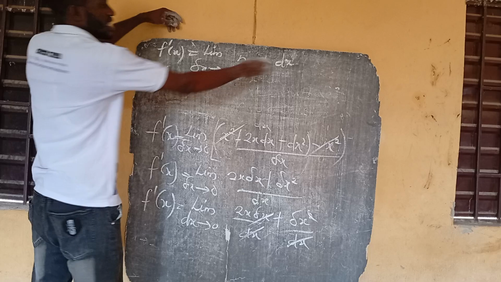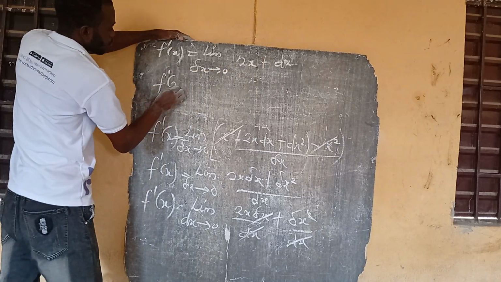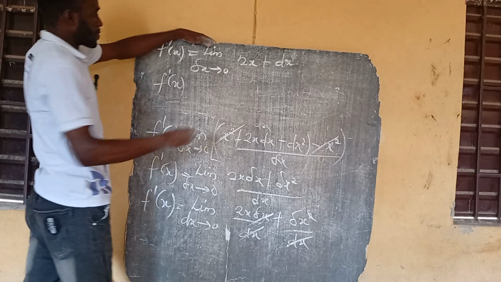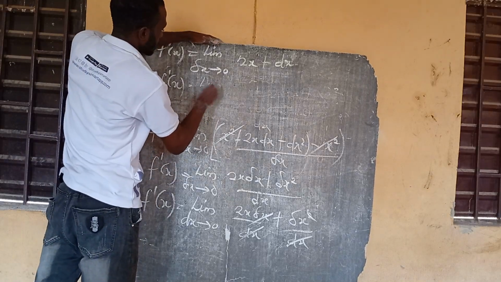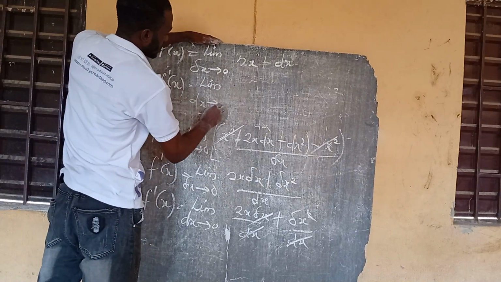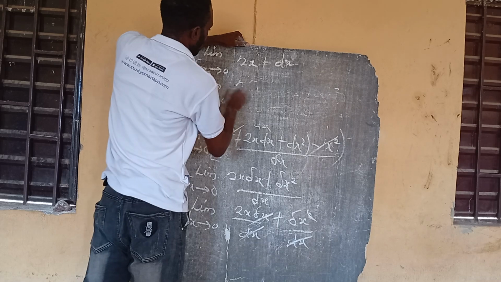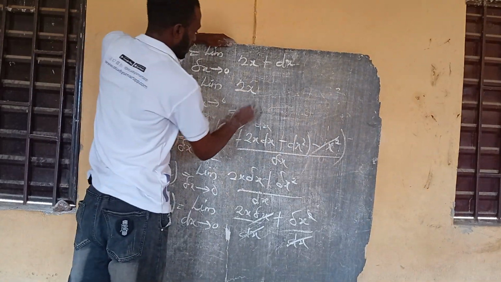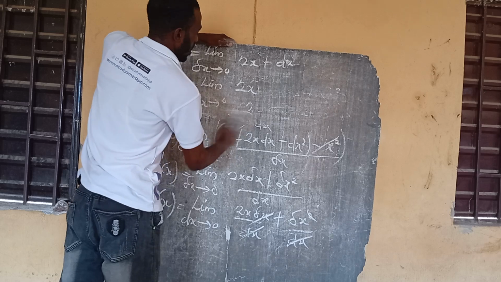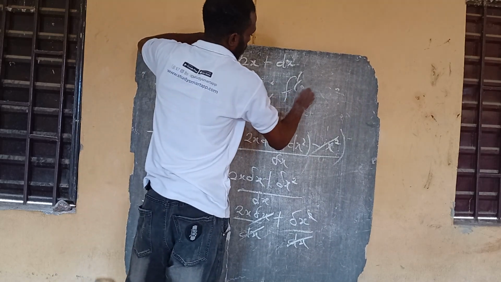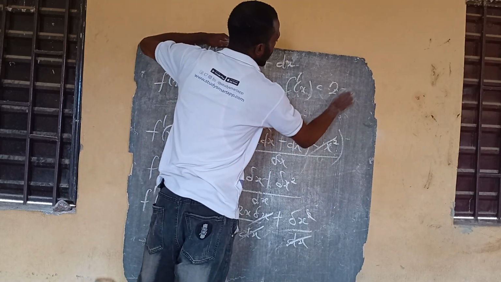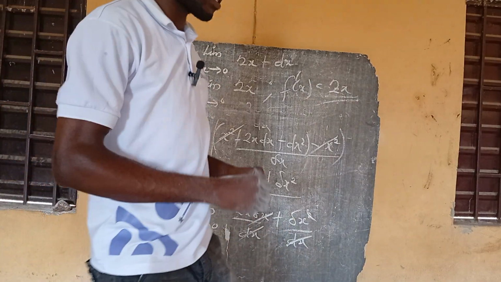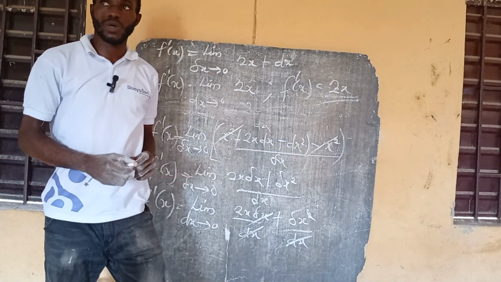Therefore, we can say dx will become so insignificant that it will be equal to 0. If that be the case, then the limit as dx tends to 0 of 2x. So when dx tends to 0, f prime of x will be equal to 2x. And so that is the answer for f of x equal to x squared.